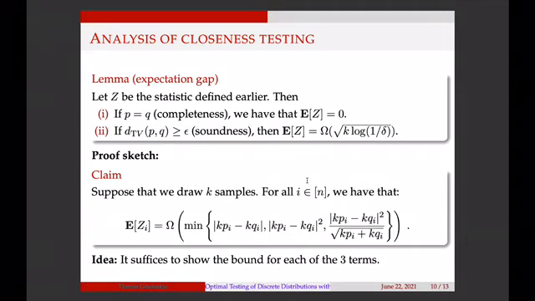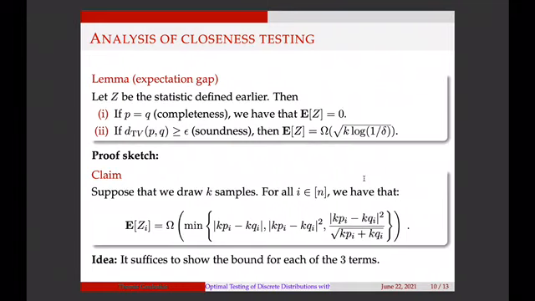We already know that, as we said, in the completeness case, its expectation is 0. So what we need to show is for the soundness case. If P and Q have total variation at least epsilon, then the expectation of Z will be large enough. And in our case, for the threshold that we have chosen, large enough is omega of square root k log 1 over delta.